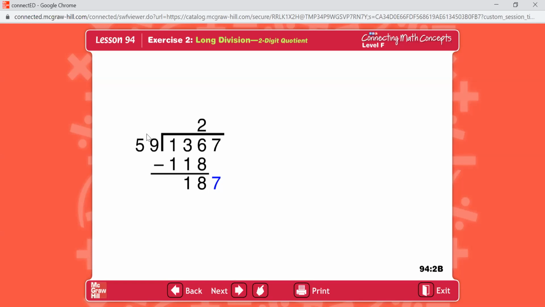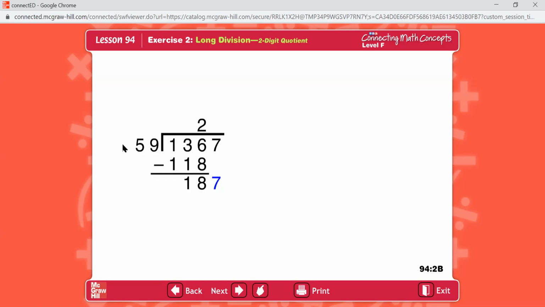So the estimation problem for 187 divided by 59 is 19 divided by 6. To explain that, this number rounds up to 190, giving us 19 tens. This number rounds up to 60, giving us 6 tens.